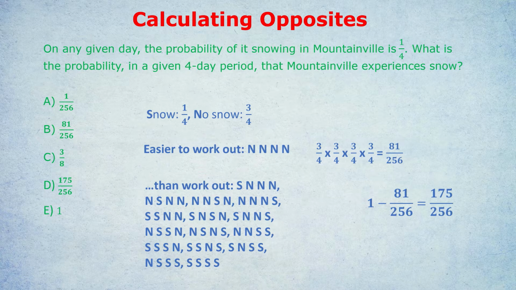What's left over to get from 81 to 256? It's 175. So that's the answer. 175 over 256 is the probability of getting any snow, whether it's on 1 day or 2 days, 3 days, or all 4 days. So think opposites. It's not always the best way of doing it, but often it is.